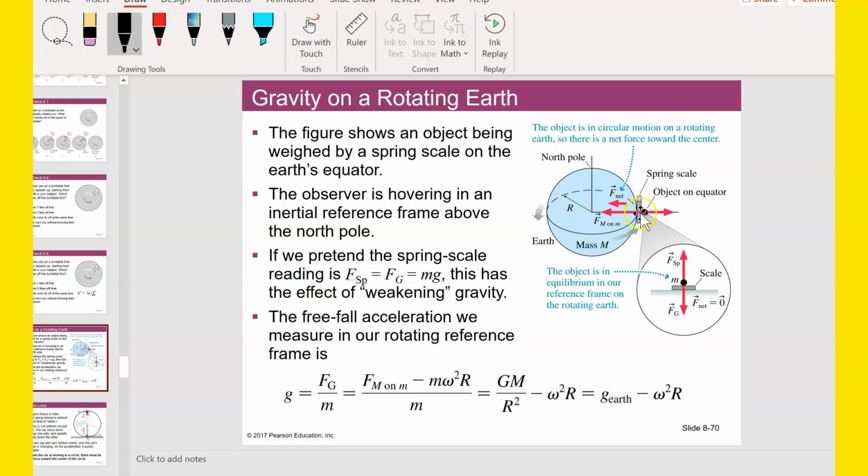If you're down here on the equator, you're the farthest you can get from that axis, which is going to make your velocity the biggest, which means the scale is going to read the least when you're standing on the equator than if you're standing somewhere else. Now, your mass is going to be the same, so it ain't like you actually lost weight or lost mass, but the reading on the scale will be a little less than it will be if you are somewhere else.